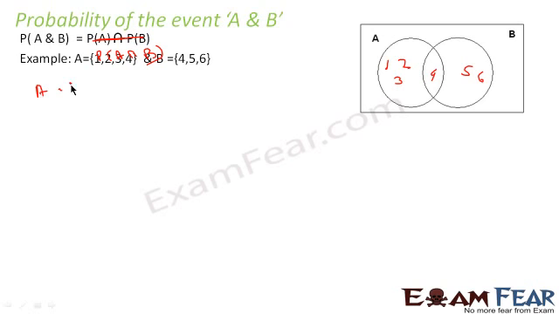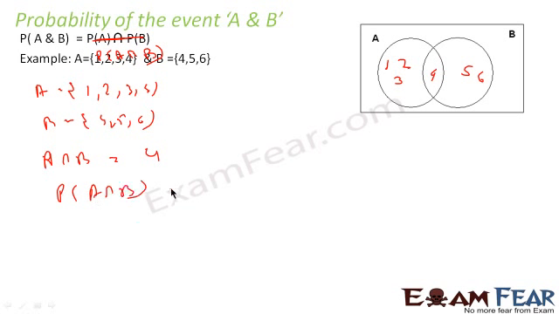A is equal to 1, 2, 3, 4 and B is equal to 4, 5, 6. First we'll find A intersection B, which is 4. So P of A intersection B is equal to P of 4, and that is equal to 1 by 6. We can either solve this way or the other way. We can first convert to probability and then apply the symbols, or we can first find the sets by performing the operation and then find the probability. It's one and the same.